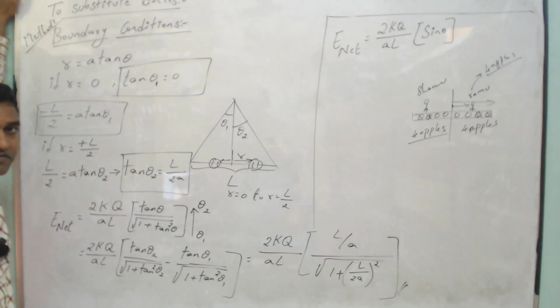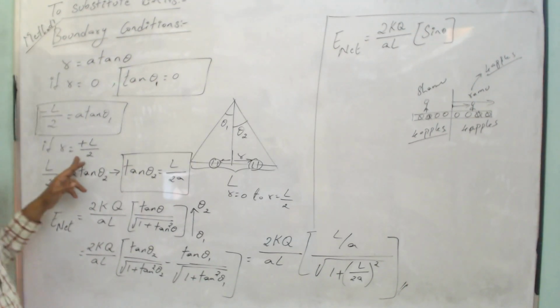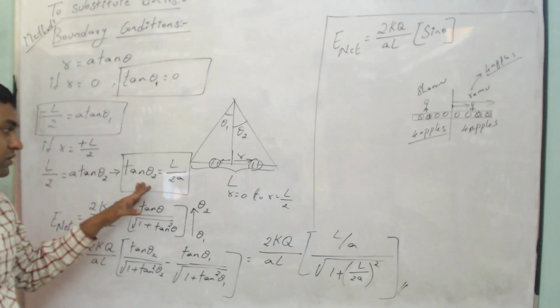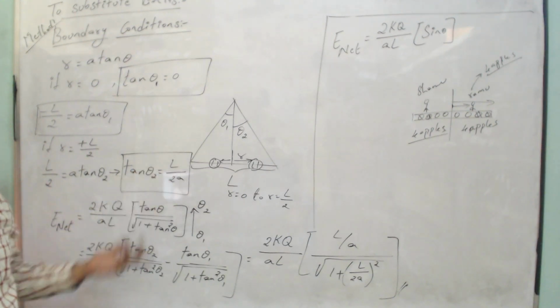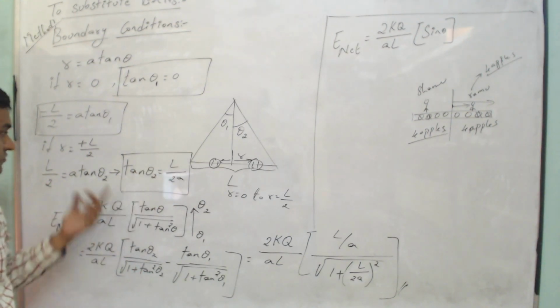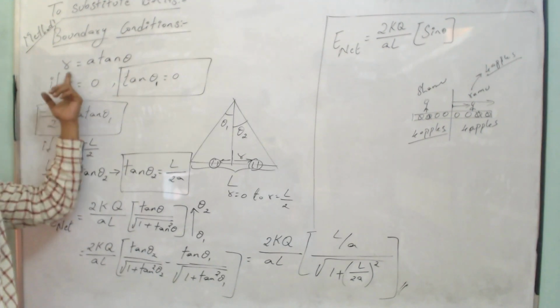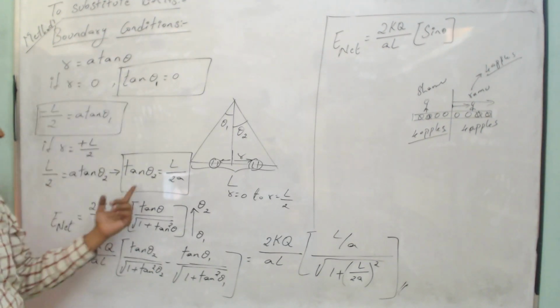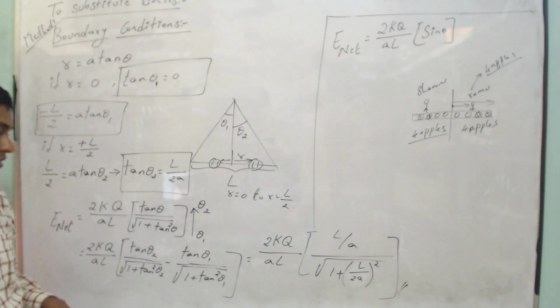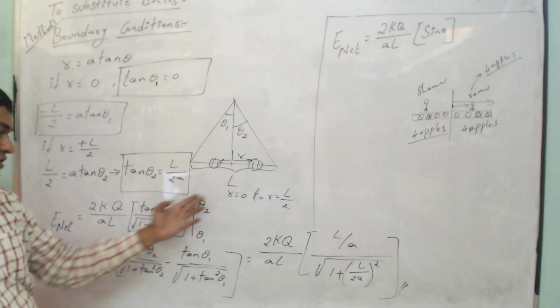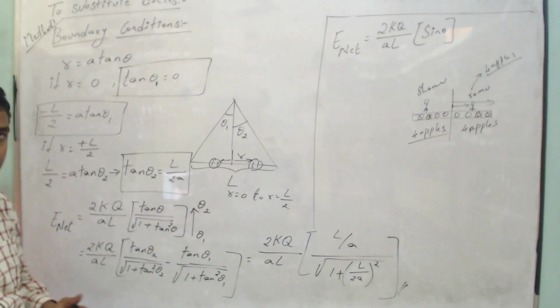This is the first limit. And when r is L by 2, tan theta 2 will become L by 2a. So my limits are from theta 1 to theta 2.